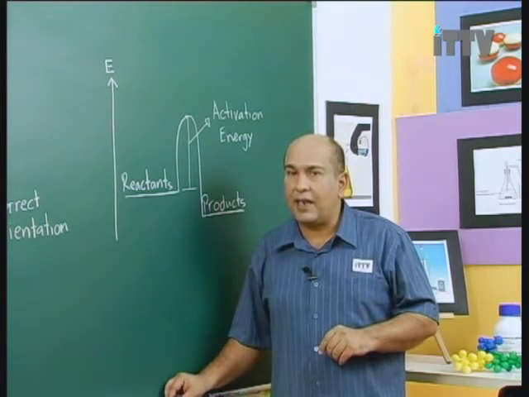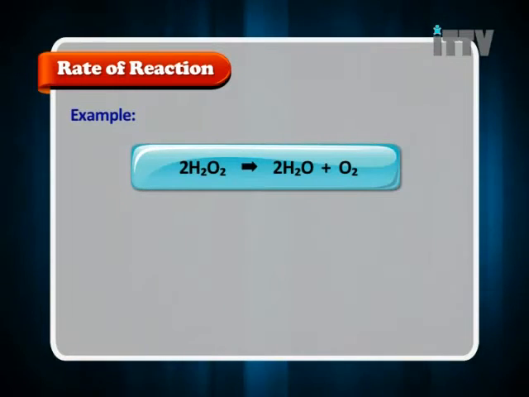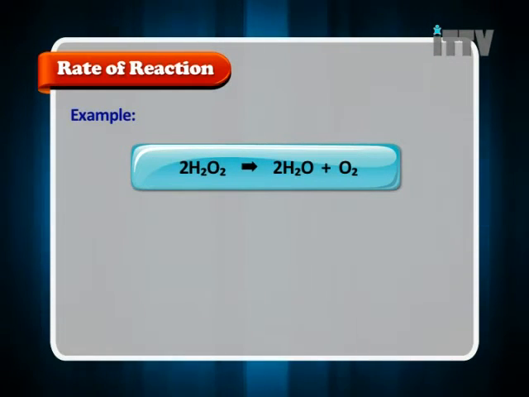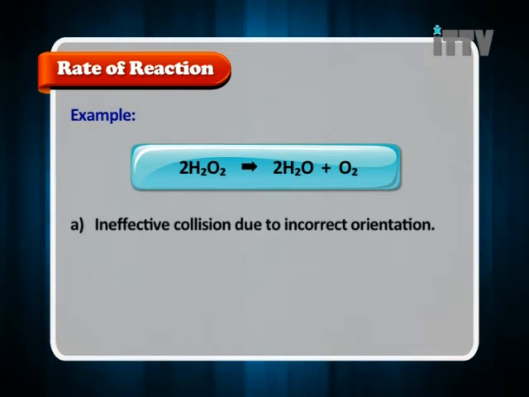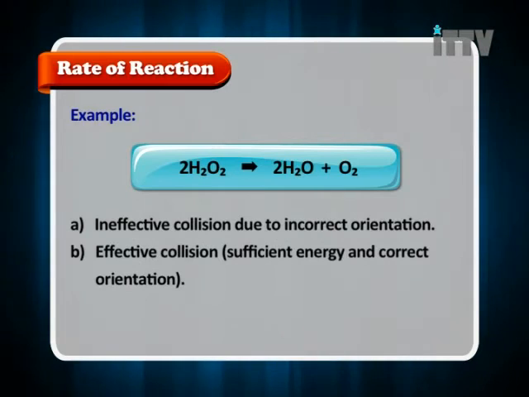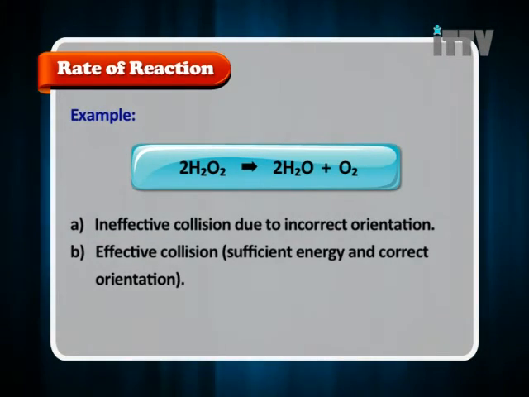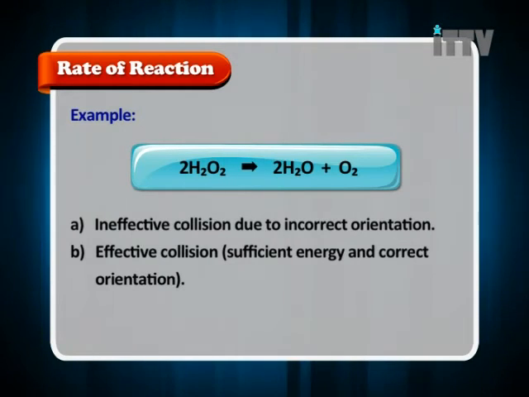Let's go back to the slide. Example. We'll have a look at the decomposition of hydrogen peroxide. Remember, an ineffective collision due to incorrect orientation. Remember, you get an effective collision if you have sufficient energy and correct orientation.